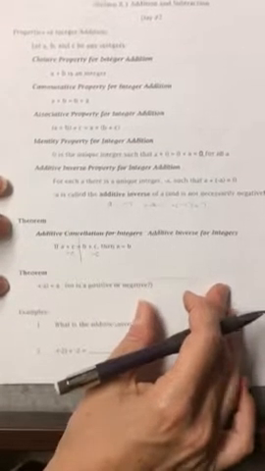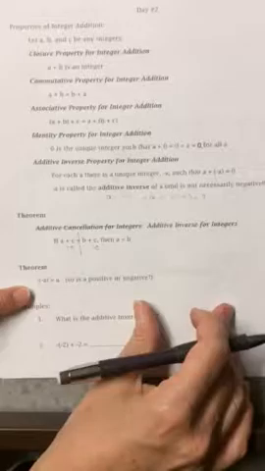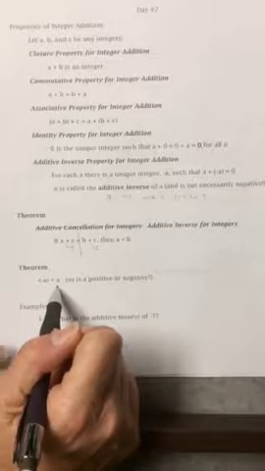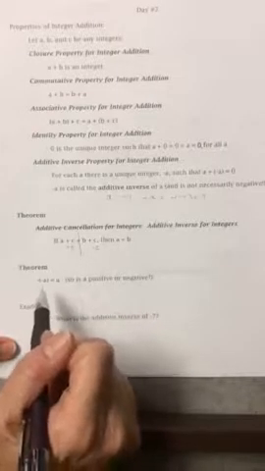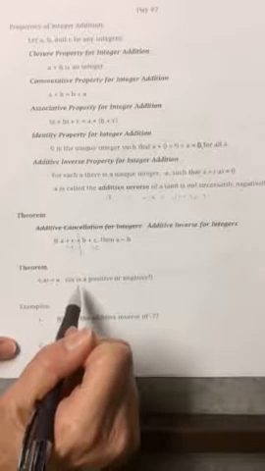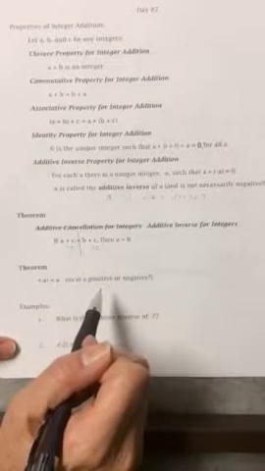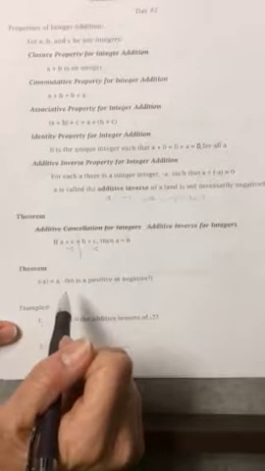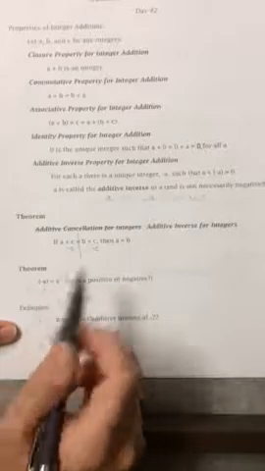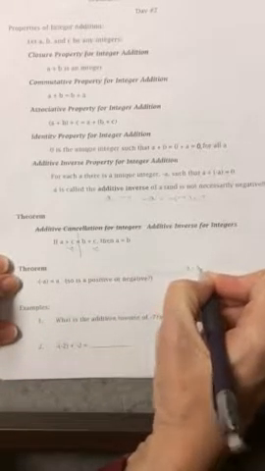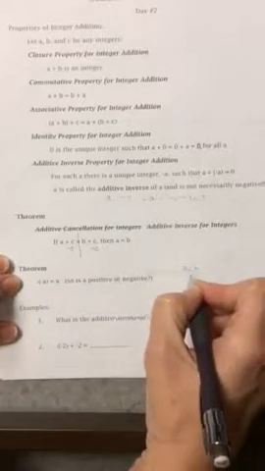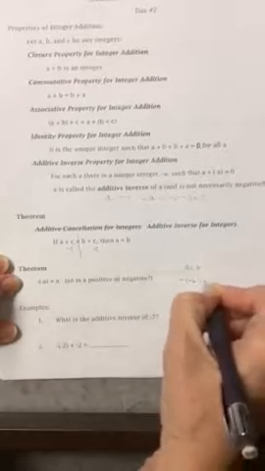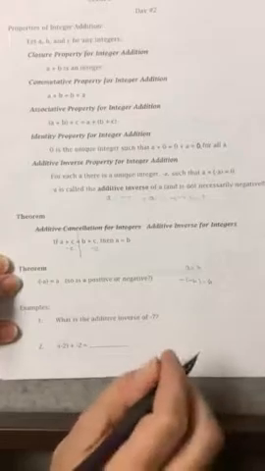And then finally, the last theorem we have is that the opposite of the opposite of A is A. So the question then is, well, is A positive or negative? And the answer is, I don't know. I don't know what A is. But if A were -6, then you would say the opposite of -6 is +6.